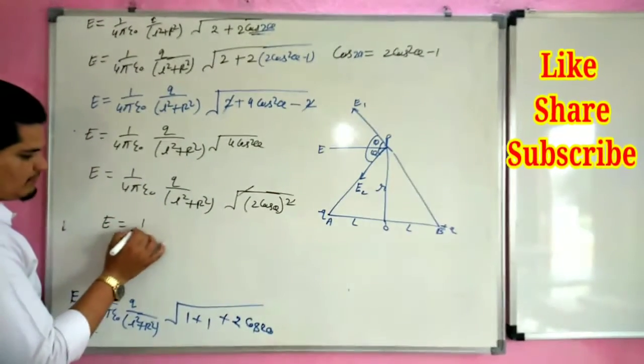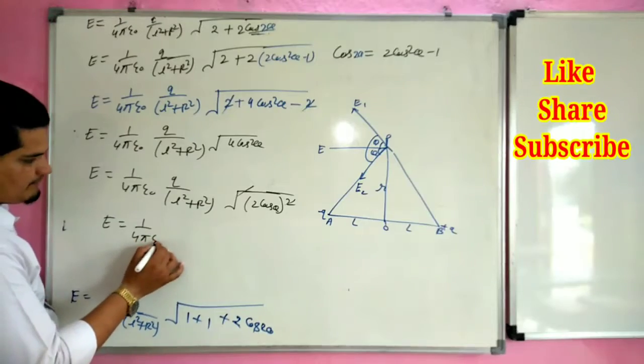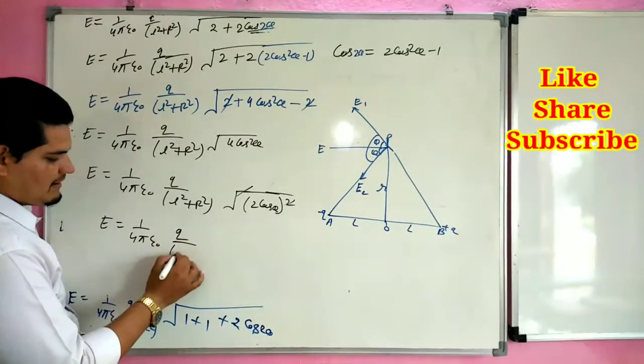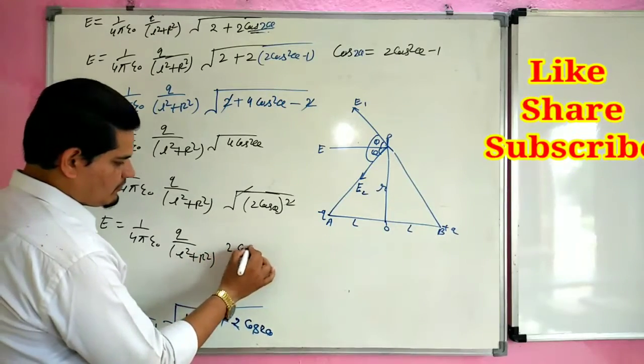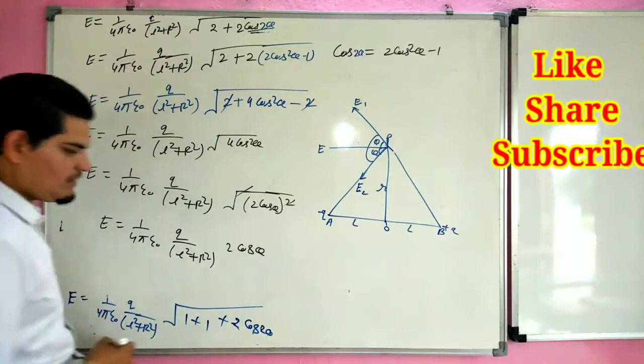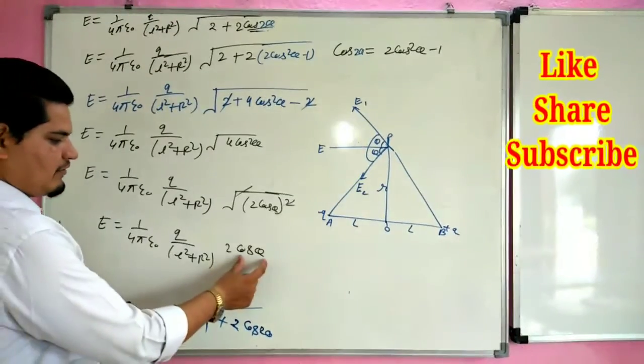E equal to 1 upon 4 pi epsilon naught Q divided by (L square plus R square) 2 cos theta. Now we have to put the value of cos theta.